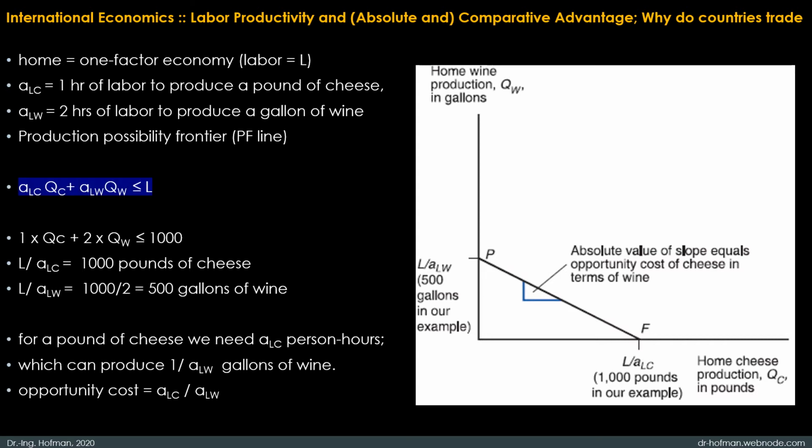For example, if it takes 1 person hour to make a pound of cheese and 2 hours to produce a gallon of wine, the opportunity cost of each pound of cheese is half a gallon of wine. As the figure shows, this opportunity cost is equal to the absolute value of the slope of the production possibility frontier.